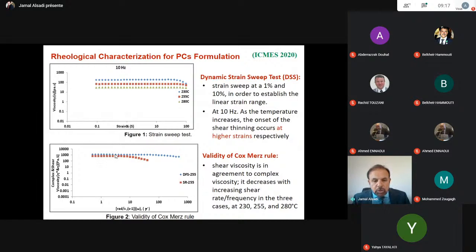They are almost coincident here, and when increasing the shear, they start getting lower viscosity. I did this experiment here at 255, but I did it at all three temperatures, showing the same result for validity.